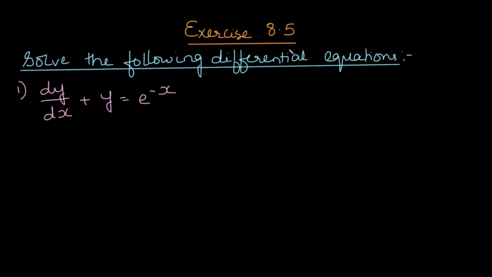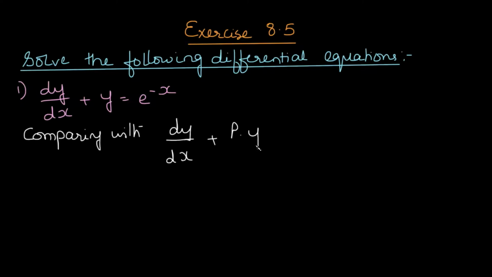Now exercise 8.5 involves the question: solve the following differential equations. In that, the first question is dy by dx plus y is equal to e raised to minus x. So here we compare this equation with dy by dx plus py is equal to q, and we are going to get p.